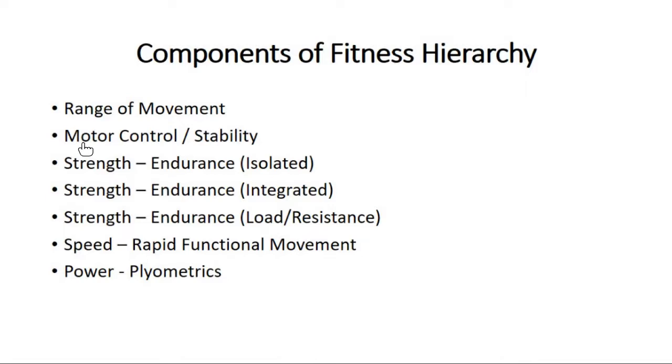Then we need to restore balance. Okay, that is the motor control, so the proprioception and also the stability. Okay, center of mass over base of support. And then we start with strength, isolated, maybe isometrically, that will then become endurance. And then strength that becomes endurance as we integrate it, either to functional movement or we use load.